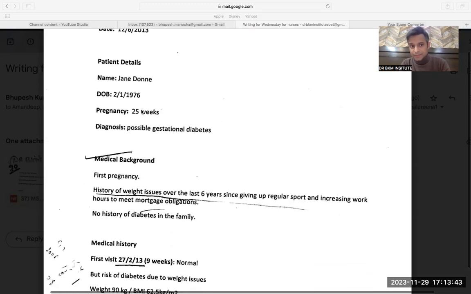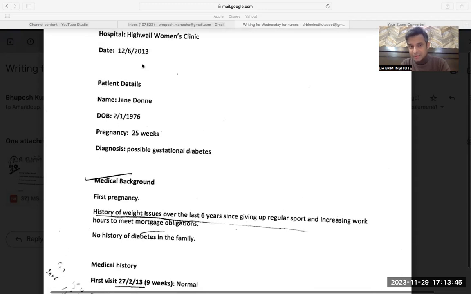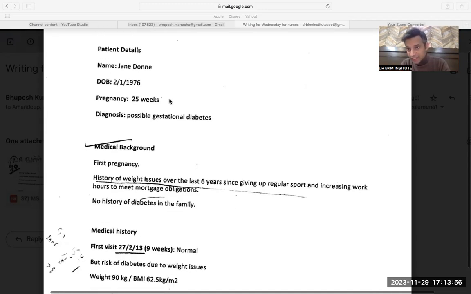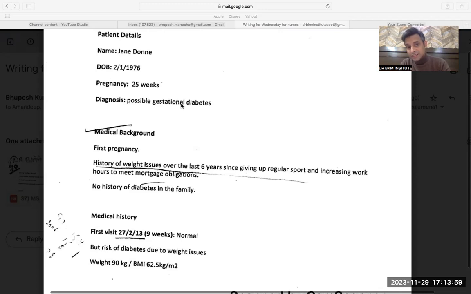Name Jane Donne. Date of birth 1976. Now it is 2013, so the patient is 37 years old, a lady having 25 weeks of pregnancy and suspected with gestational diabetes.